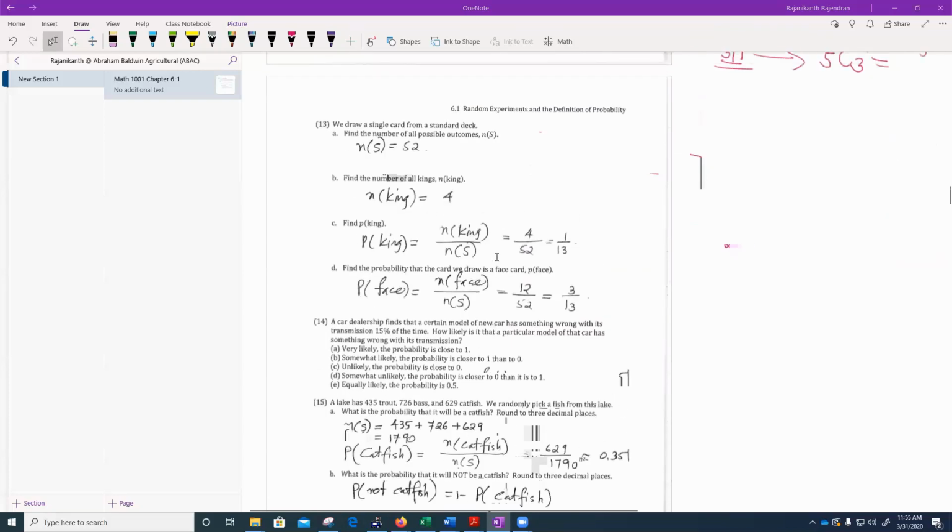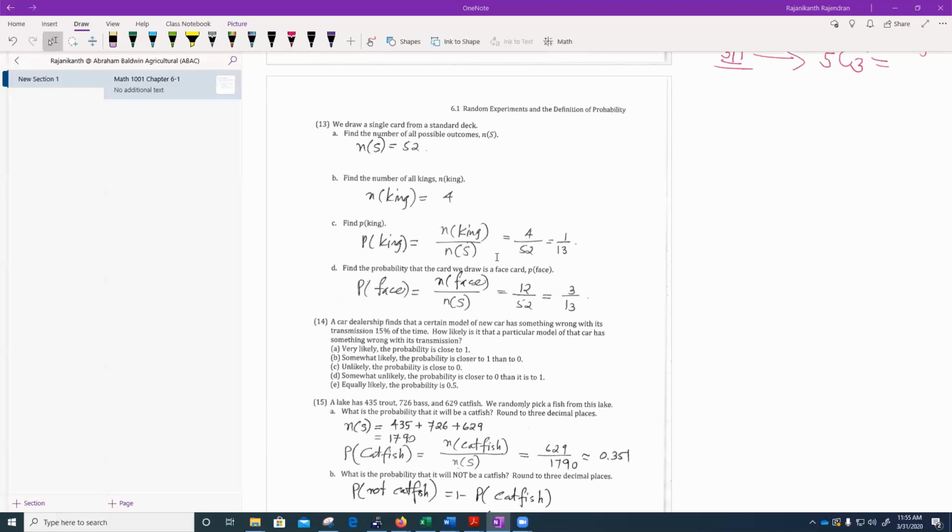Okay, number 13. We draw a single card from a standard deck. Therefore, my sample space has 52 outcomes. So n of S is 52. Find the number of all kings. So what is the probability of getting a king? Of course, there are 4 kings in your card pack.